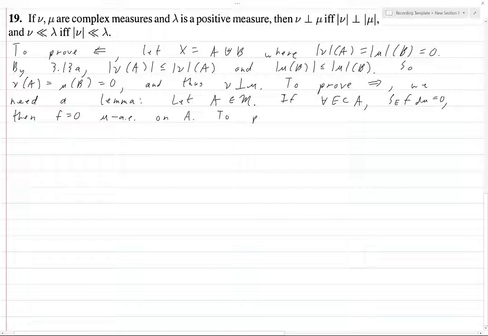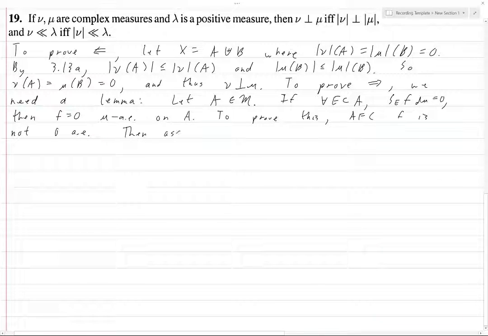So to prove this, the only neat way that we were able to think of was to just do a contradiction argument. So assume for a contradiction that f is not 0 almost everywhere.